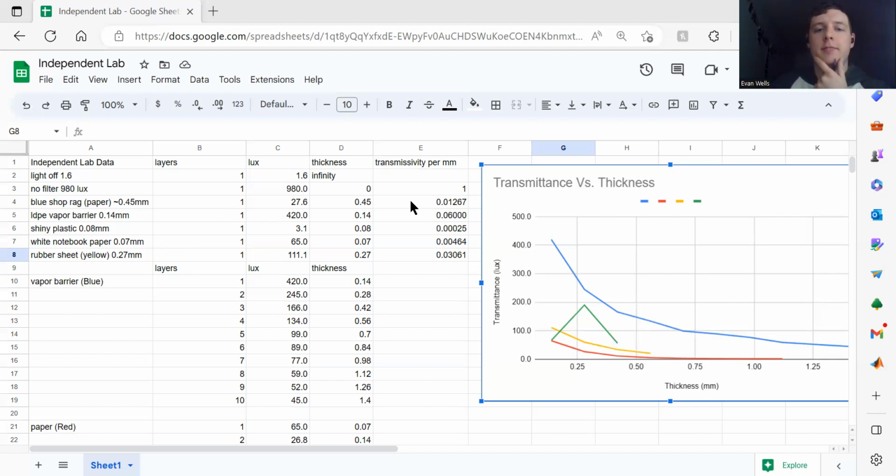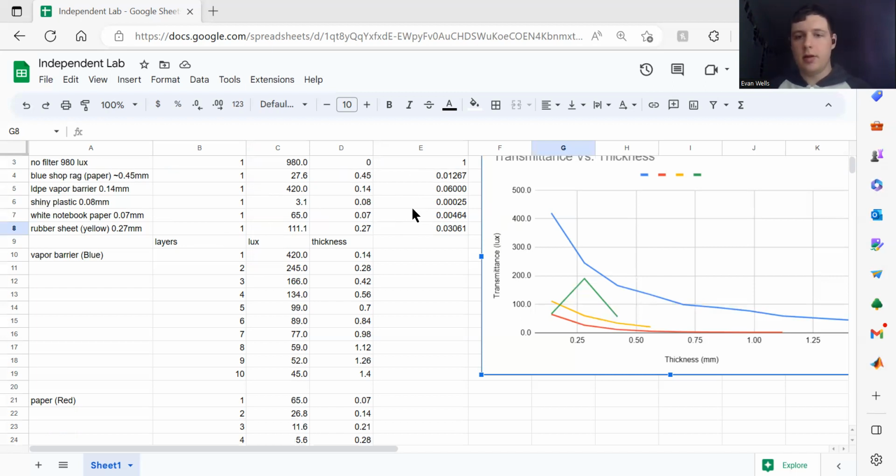You can see that I have calculated here the transmissivity per millimeter. So that means basically the proportion of light coming out to the light coming in, per unit thickness. So if you had a sample of, say, notebook paper that was 3 millimeters thick, it would be this number cubed that you would multiply your incoming light intensity by to approximate your outgoing light intensity.